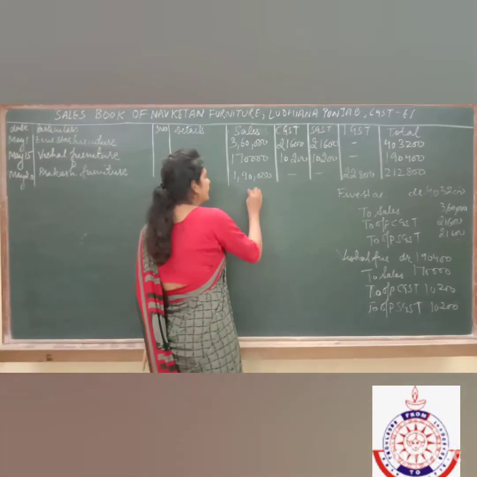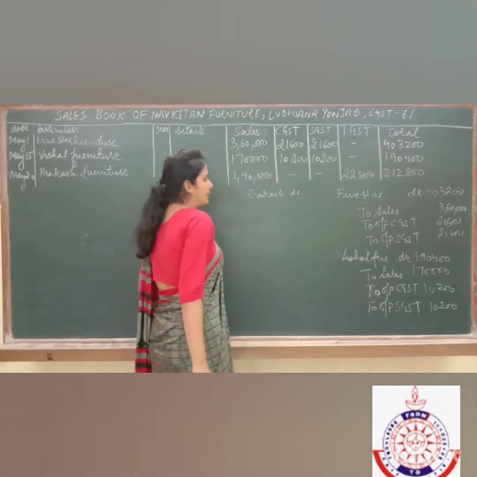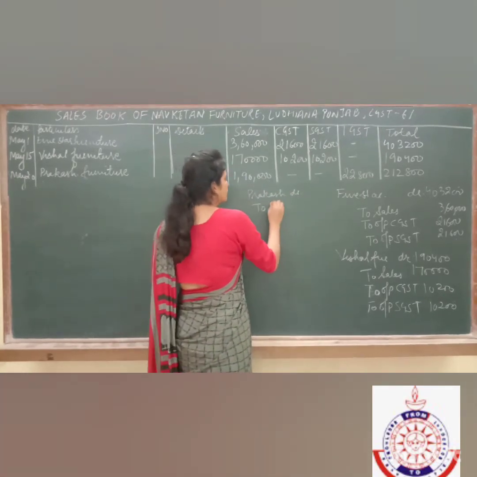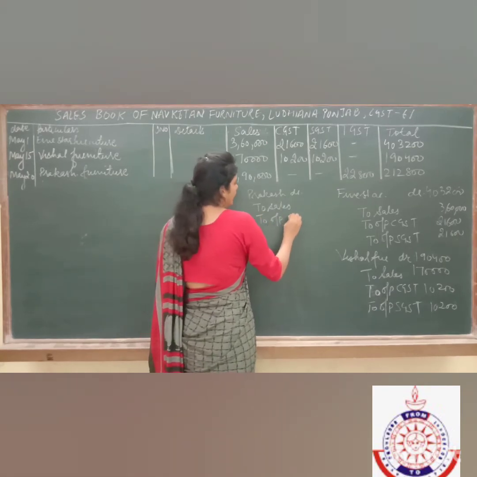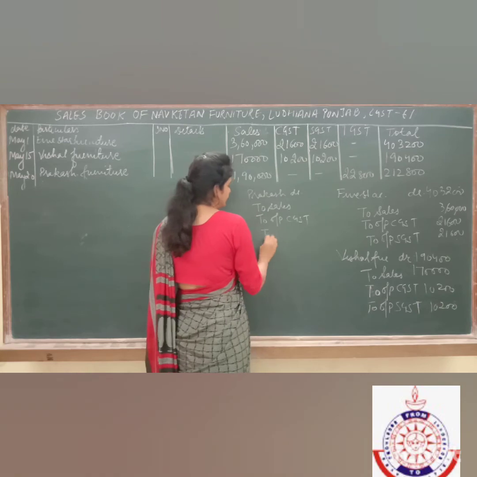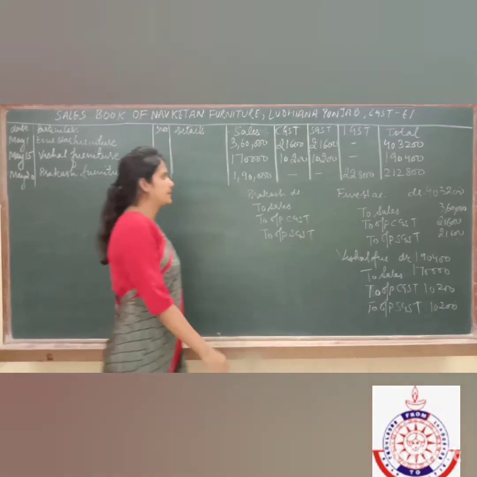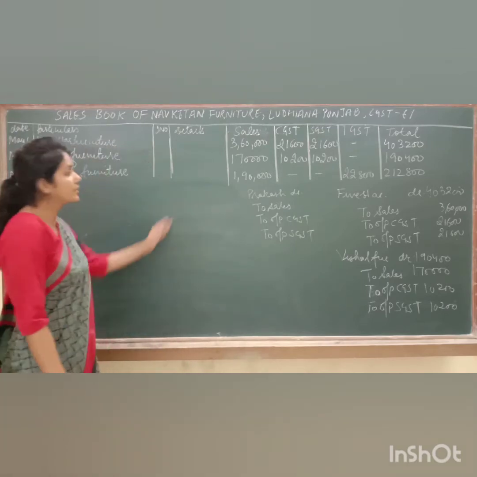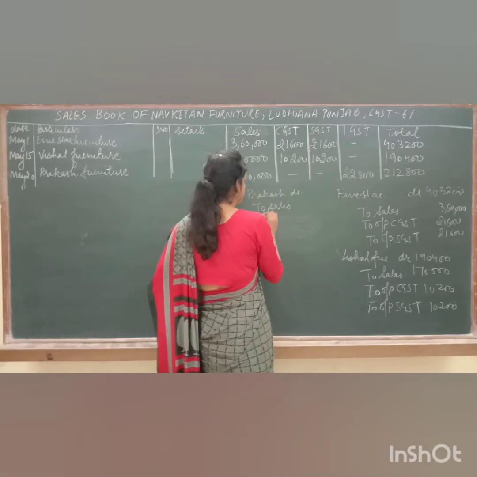Then move to next, Prakash Furniture. Pass the entry. Prakash Furniture will be debited to sales, to output CGST, to output SGST. Sorry, in this there is only IGST, so it will be only one.